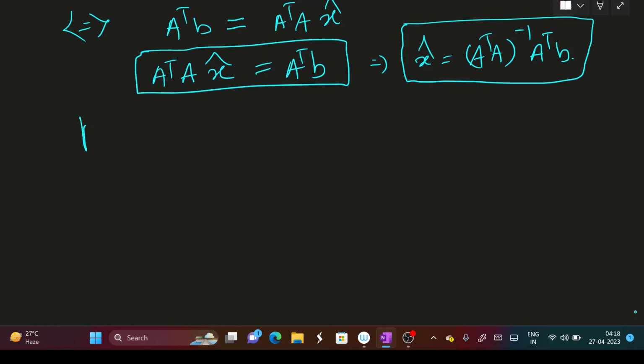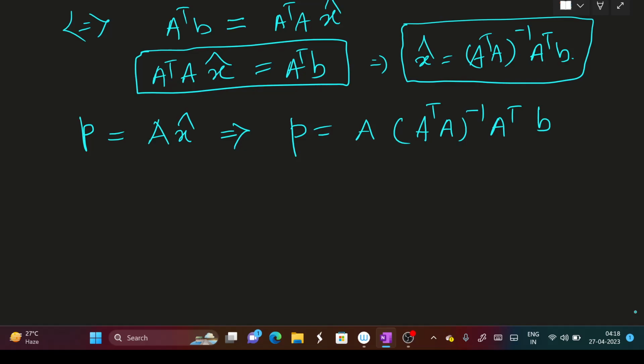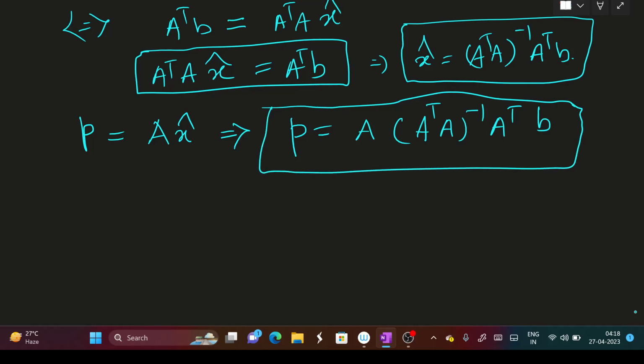Suppose I want the projection matrix also, projection vector also. What is my projection vector? A x cap. Then what will be its formula? This implies P is equal to A times A transpose A whole inverse A transpose B. This is my projection vector P, which is projected from B onto C of A, out of which this is again another matrix.